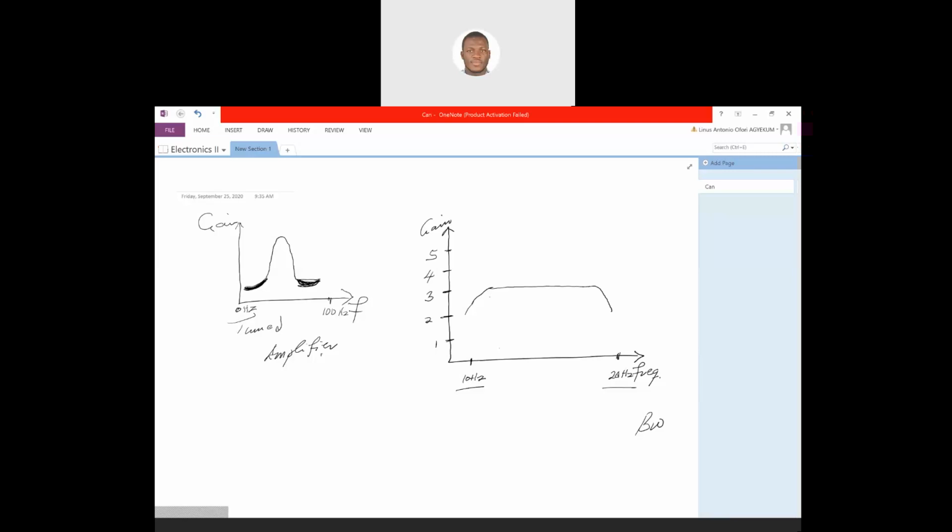So you realize that this section where I'm trying to shade is where you have a constant gain, because the gain remains constant at 3. Gain is normally measured in what? dB.